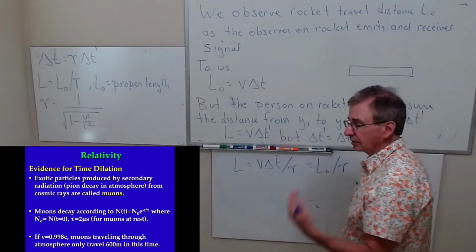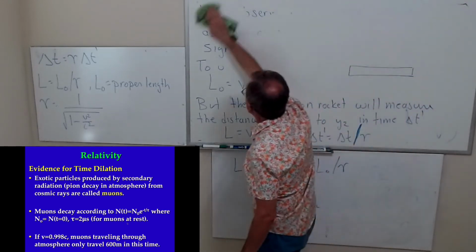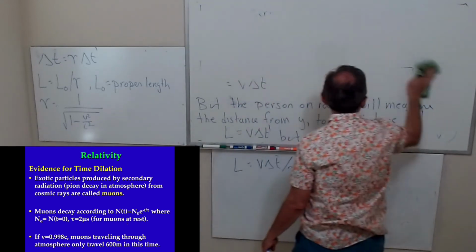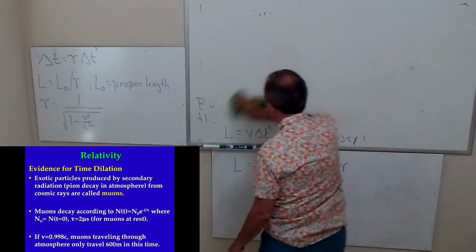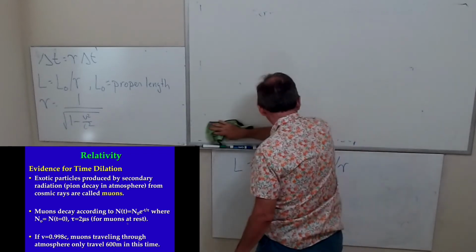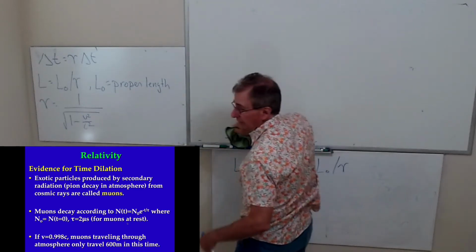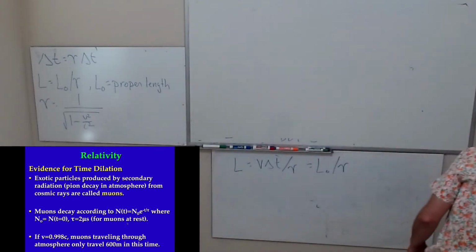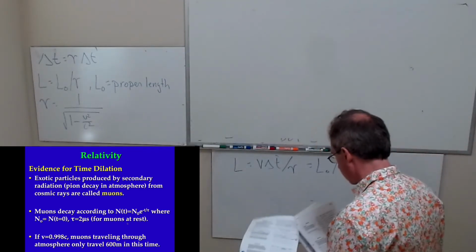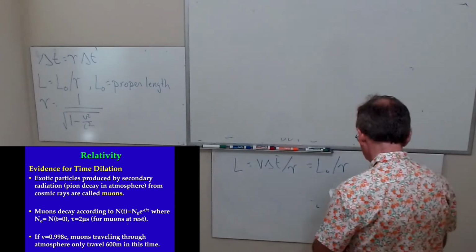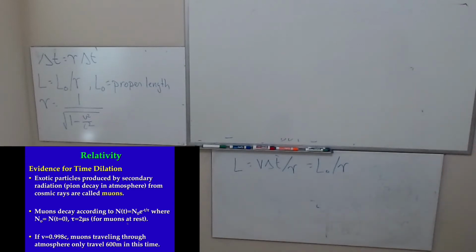So there are these particles that actually enter the Earth's atmosphere and travel to the Earth. They're called muons. And muons are produced from the decay of other particles, and they really come from cosmic radiation. They come from outer space. And these muons decay.